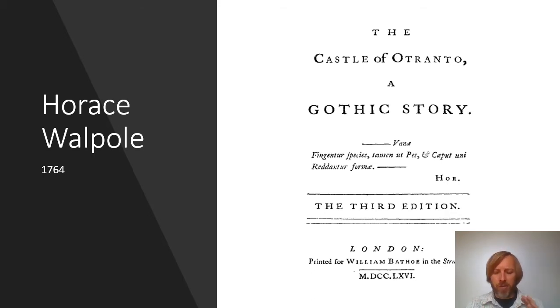It comes in an elaborate disguise of being a 16th century Italian romance that is only translated, and Walpole is just the translator who gives us that old manuscript. This is something we will find in a lot of Gothic writing of the time, this idea that this is a found manuscript from earlier times.